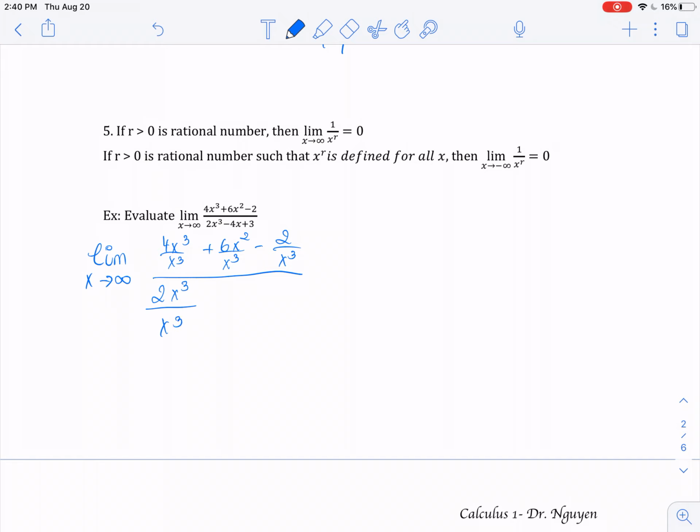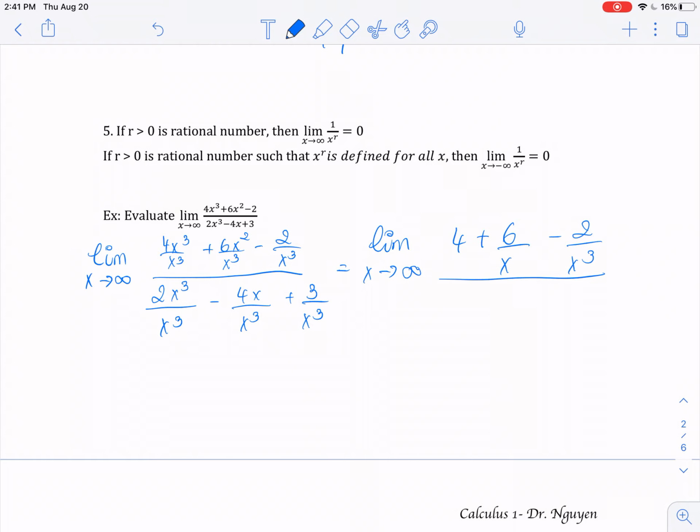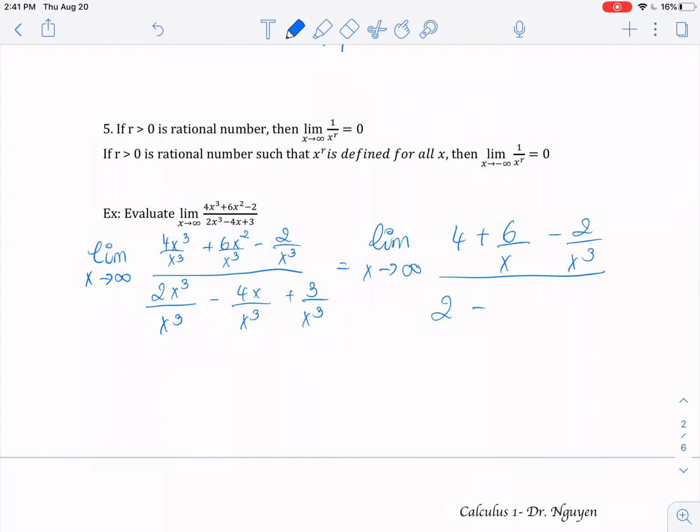Over x cubed minus 4x over x cubed plus 3 over x cubed. Now we want to simplify it before we take the limit. So I ended up with 4 plus 6 over x minus 2 over x cubed, everything over 2 minus 4 over x squared plus 3 over x cubed.